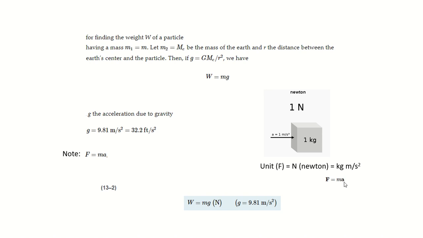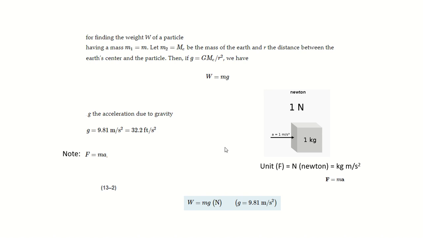Here, your acceleration is the acceleration that the particle is traveling with, but it's the same thing: your mass times acceleration. Therefore, the unit is Newton for force, Newton for weight. Don't forget that. Newton is nothing but kilogram meter per second squared, that's your acceleration, and this is your mass. If you have a 1 kilogram block moving with acceleration 1 meter per second squared, you will have a 1 Newton force.